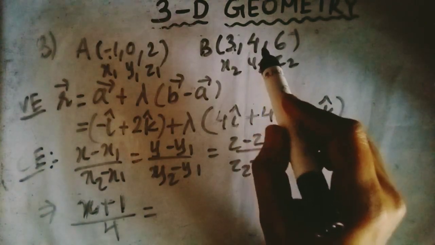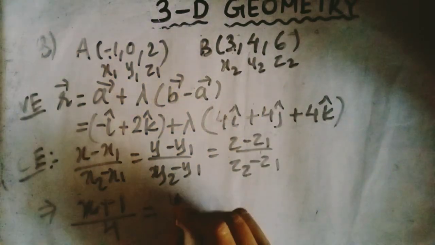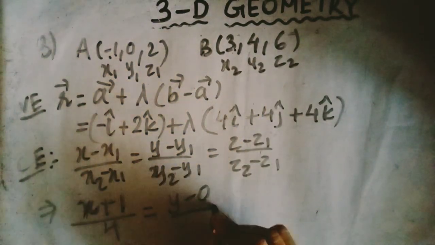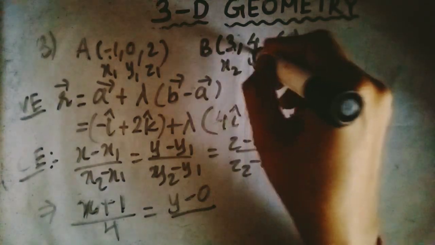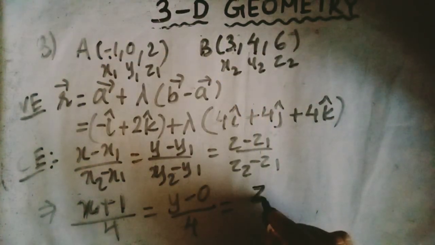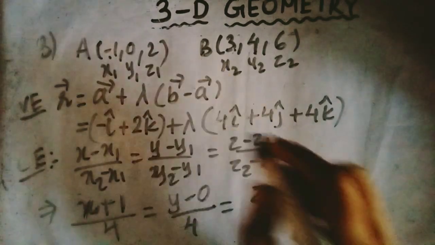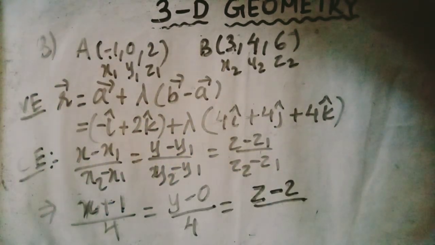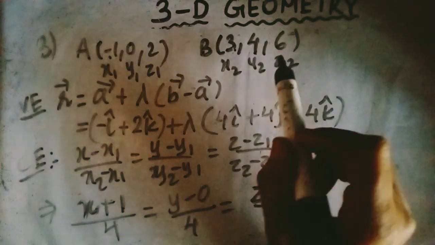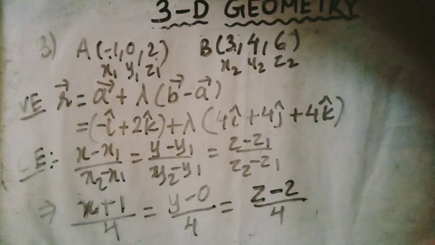Then y minus 0 upon y2 minus y1, 4 minus 0, so 4. And z minus 2 upon z2 minus z1, 6 minus 2, so 4.